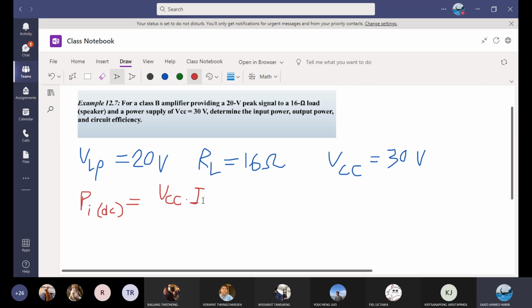And what is IDC? IDC equals 2 over pi times I peak. So you can find out the rest. We will wait. 2 over pi. From the information given, you can find the peak current.